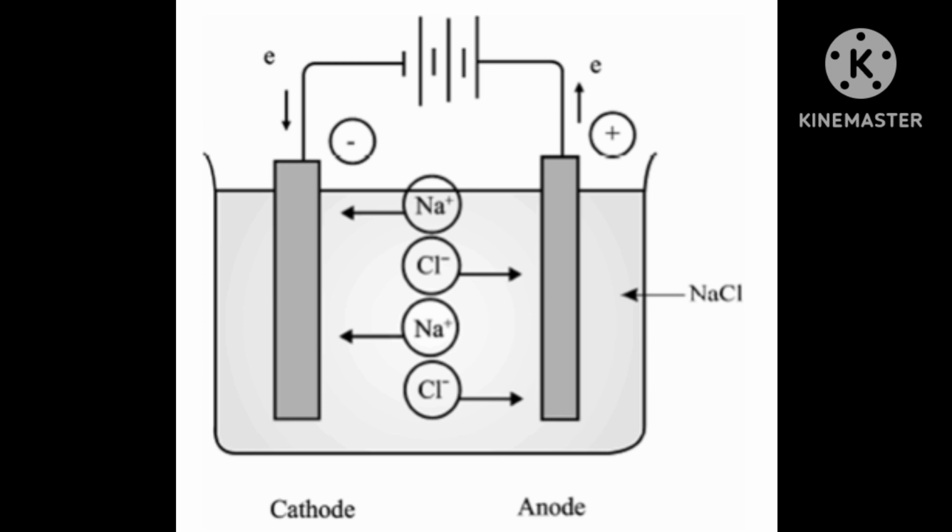Conductance and conductivity both are different. Conductance is 1 upon R, and when you put the R value, it becomes A divided by rho into L. Then 1 upon rho is called kappa, and kappa means conductivity.